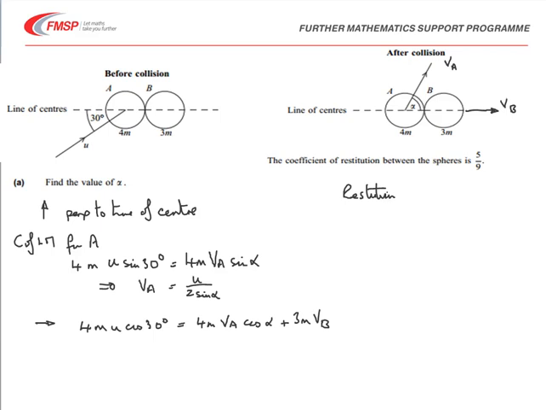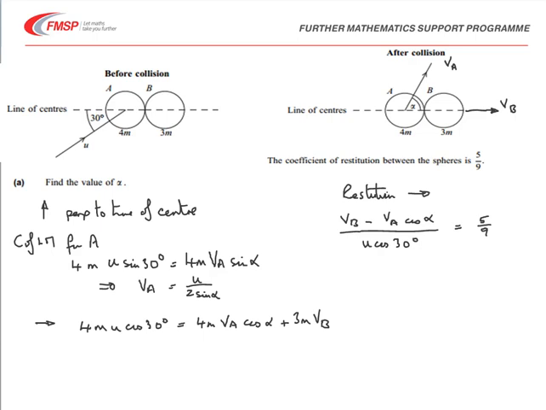If we look at the restitution along the line of centres again, then we have that the speed of separation is VB minus the component of A, which is VA cosine alpha, and the speed of approach is the initial, before collision, speed of A in that direction, so that is u cosine 30 degrees, and that's equal to 5/9.